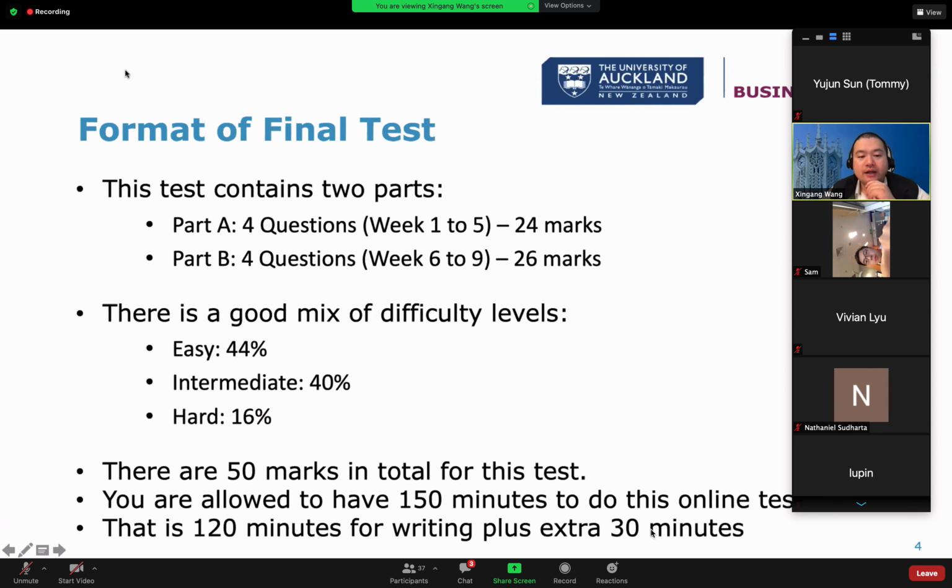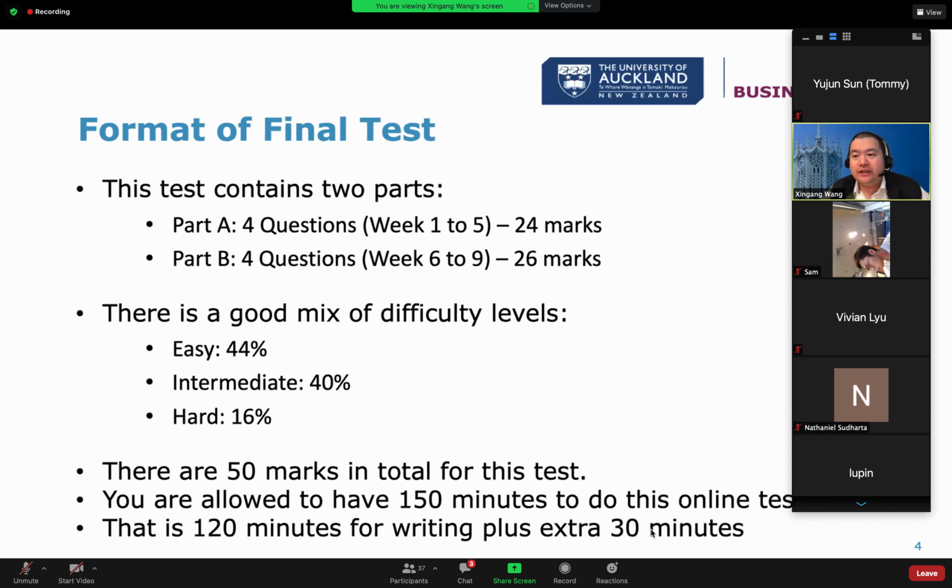So again, I just want to come back to the discussion of these difficulties. As you know, this is an online test, and technically there's nobody to supervise you. So it's quite like running an open book exam. For an open book exam, you are still required not to consult with other students or anybody else, and you have to do the questions by yourself.